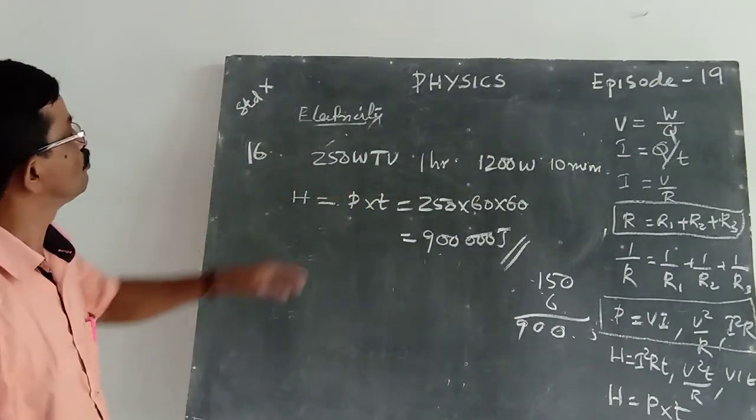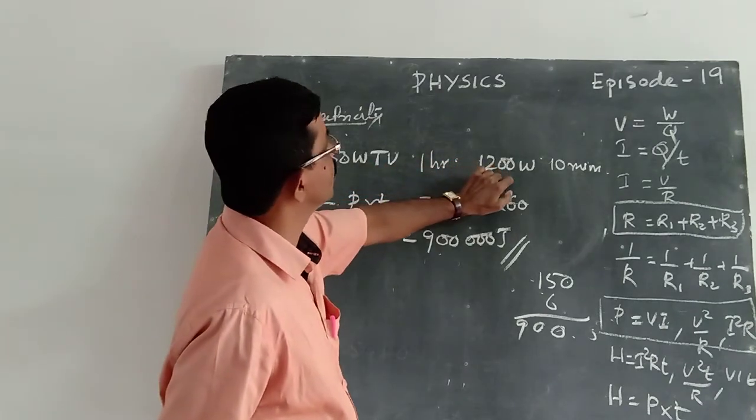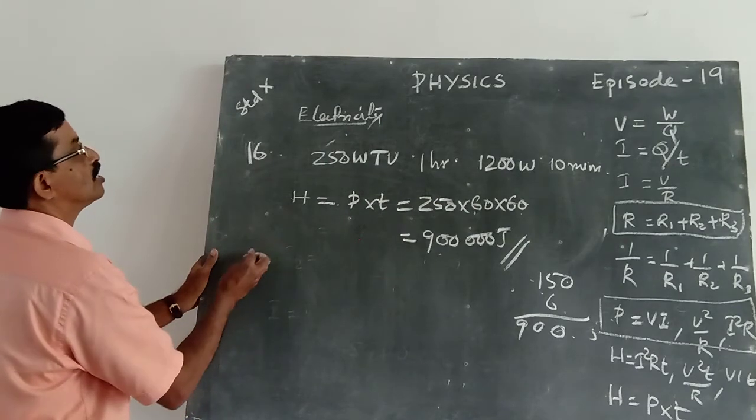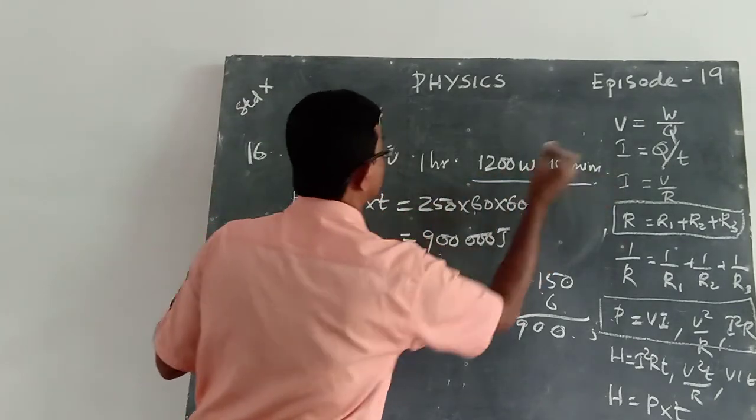Then we want to calculate the toaster. That is the energy consumed by the toaster in 10 minutes.